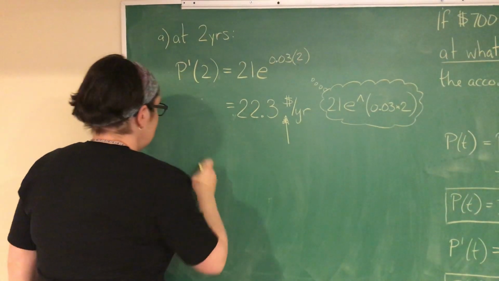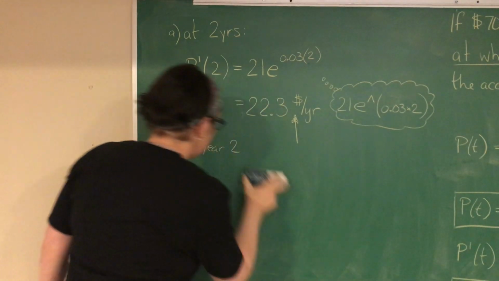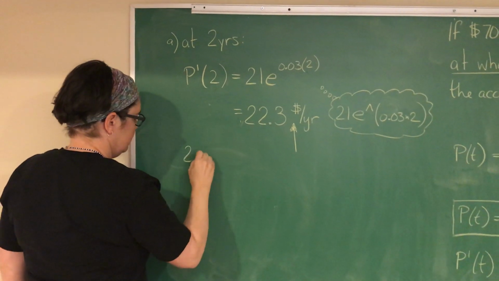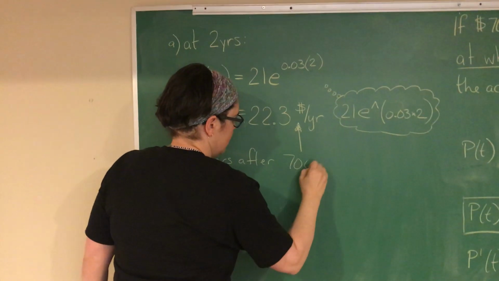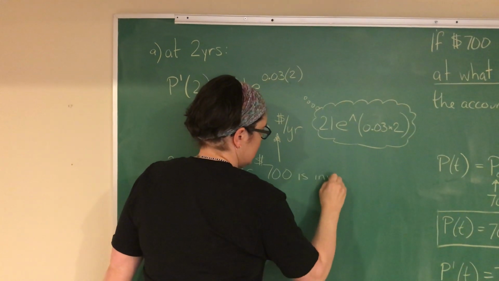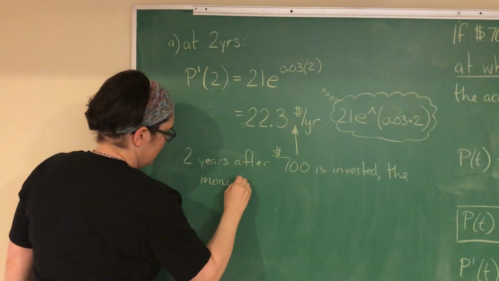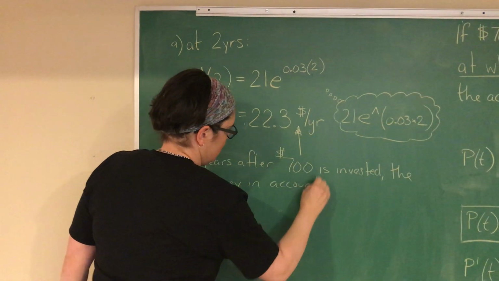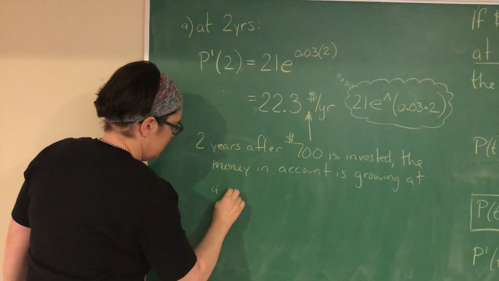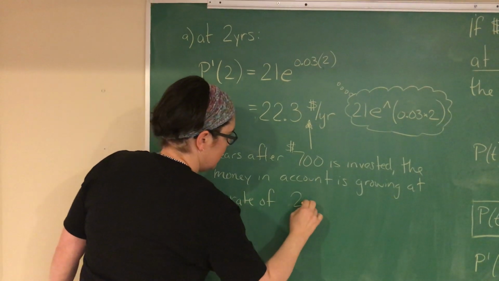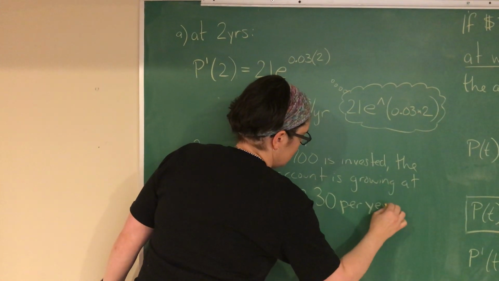So what this is telling us is that at, or I should say 2 years after $700 is invested, the money in the account is growing at a rate of $22.30 per year.